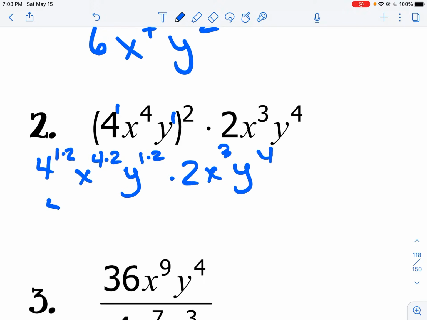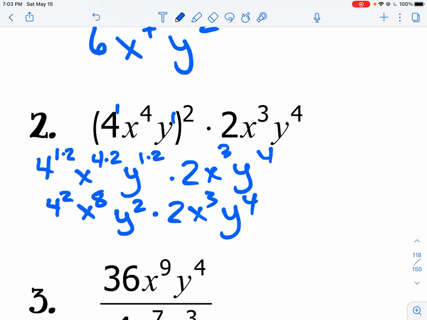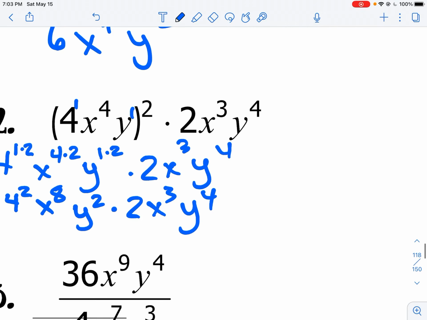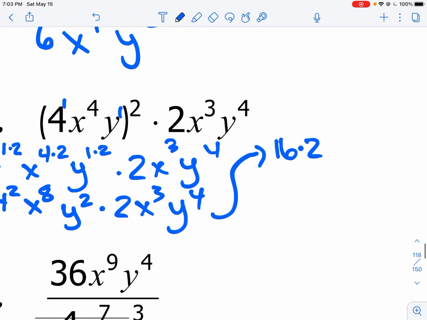When I do that, I get 4 squared, x to the 8th, y to the 2nd, times 2, x to the 3rd, y to the 4th. I come over here a little bit. So 4 squared is 16, and I'm going to be multiplying that by 2. I have x to the 8th, but it's also being multiplied by x to the 3rd, so I add the 3 because the bases are being multiplied together.